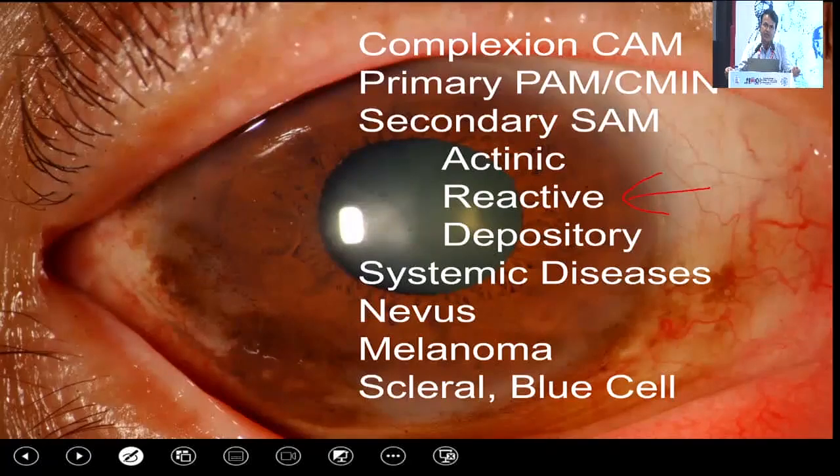Depository: somebody is fond of using makeup around the eye and this pigmentation gets deposited in the conjunctival epithelium, that is depository. Adrenochrome containing anti-glaucoma medications such as epitrate that were being used when we were residents can cause depository pigmentation of silver. Systemic diseases, Oguchi's disease, etc., can cause pigmentation. Nevus, melanoma, and scleral pigmentation.